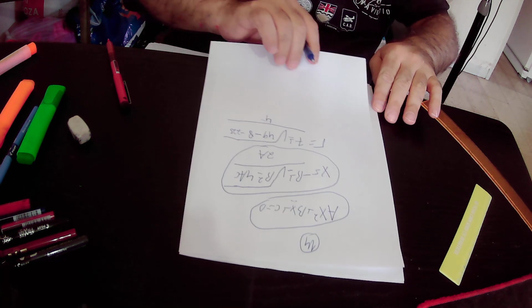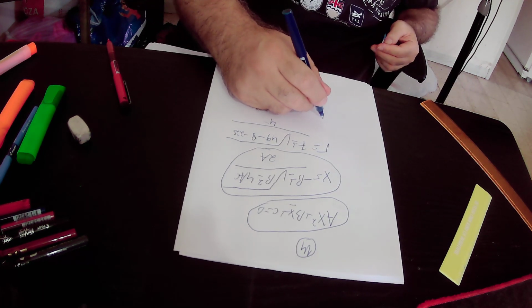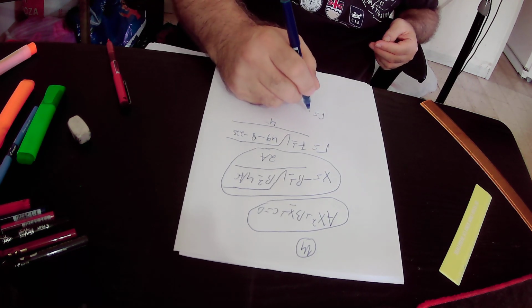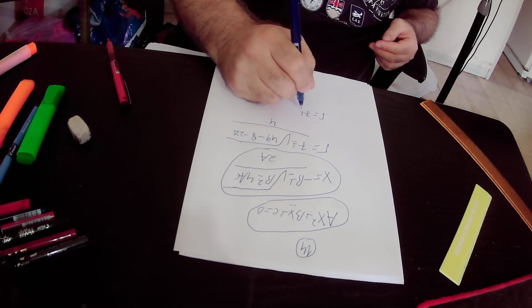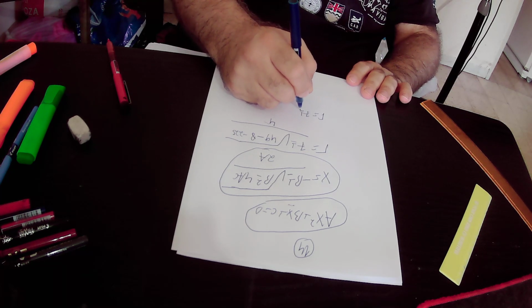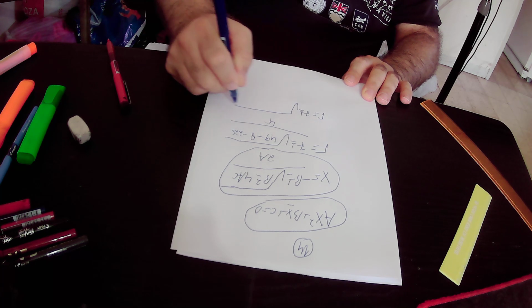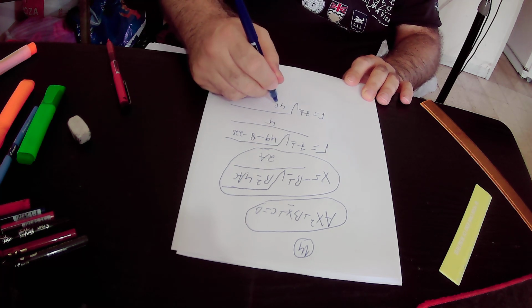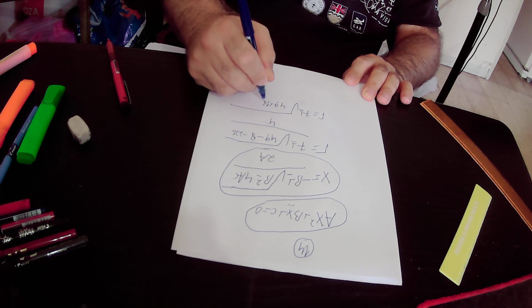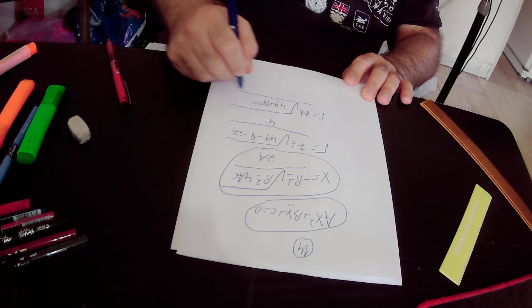We'll get that r equals 7 plus minus root of 49 plus 1800 over 4.